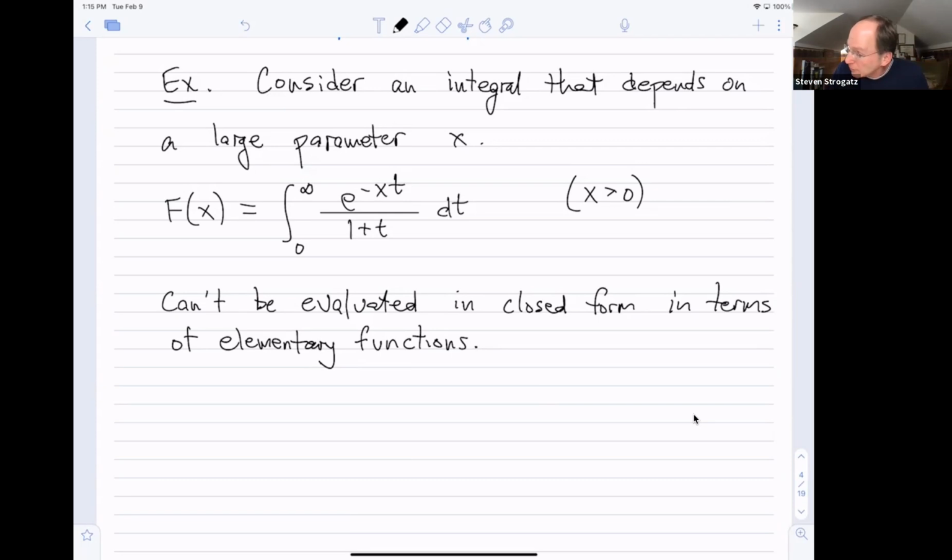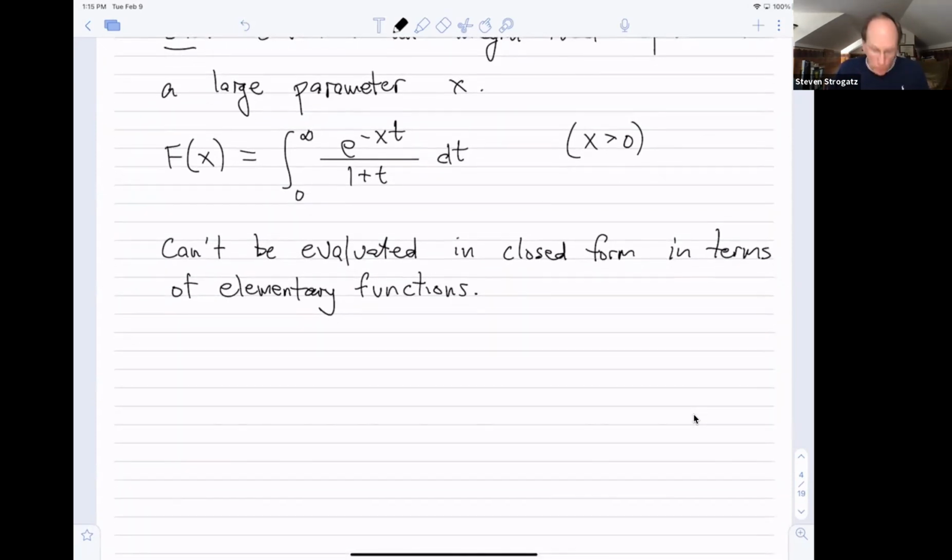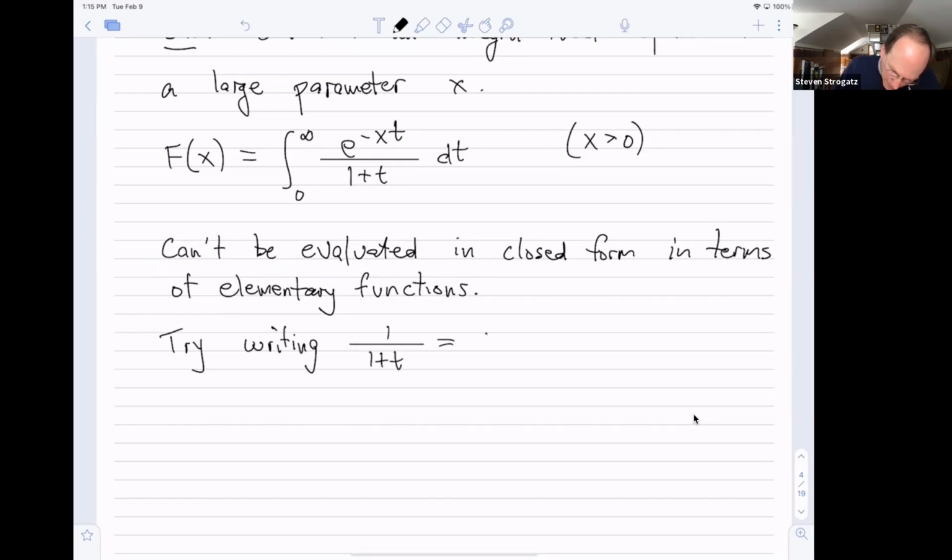All right, anyway, so now let's try to understand how this integral behaves for large x. A naive thing you could do is try a series expansion of the expression in the denominator. Let's write 1 over 1 plus t as 1 minus t plus t squared minus t cubed, et cetera, expanding it as a series.